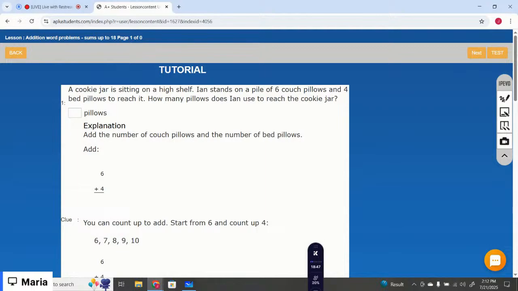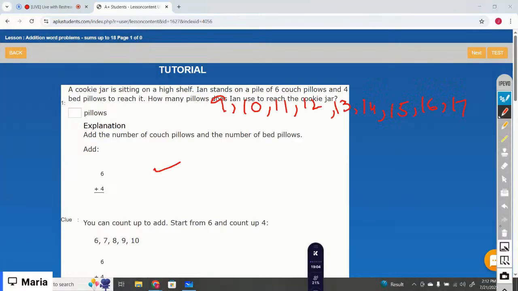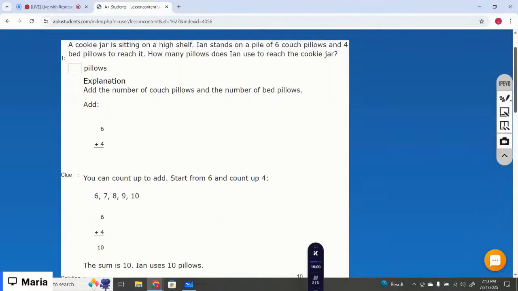A cookie jar is sitting on a high shelf. Ein stands on a pile of six couch pillows and four bed pillows to reach it. How many pillows did Ein use to reach the cookie jar? So six couch pillows and four bed pillows. You need to count how many total they are, right? So you need to add 6 plus 4. Start with 6, count up to 4, 6, 7, 8, 9, 10. So the correct option is 10.